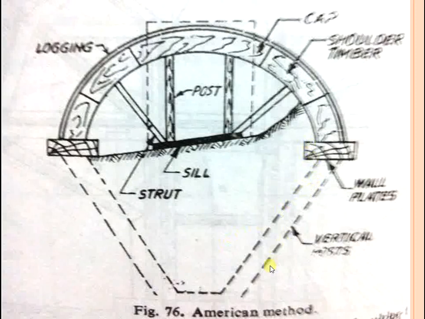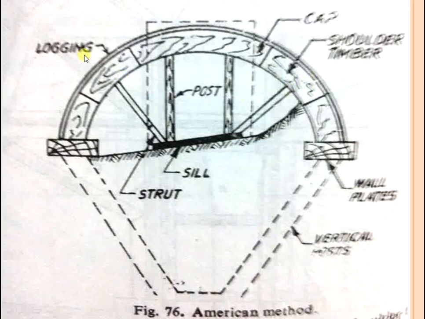In the dotted lines we support vertical struts for supporting the arch and all the tunnel lining. After the posts and vertical struts, we do the tunnel lining as per the requirement or design and excavation, and all the work is done.